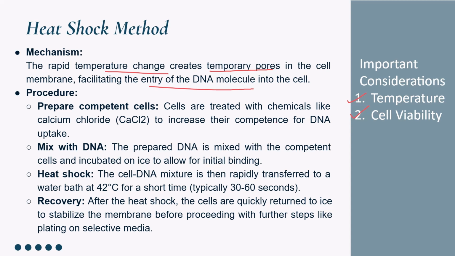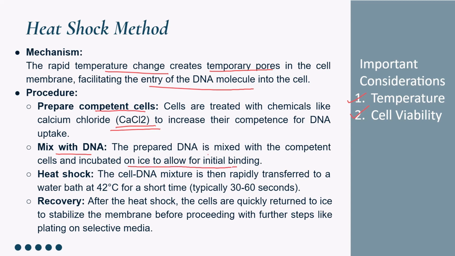So the procedure here, we have to first prepare the cells, make the cells competent, and this is done by calcium chloride. The cells are treated with chemicals like calcium chloride to increase their competence, that is, they become more ready to absorb the DNA. Now the cells are mixed with DNA. So since the cells are made competent, the prepared DNA is mixed with the competent cells and incubated on ice to allow for initial binding.